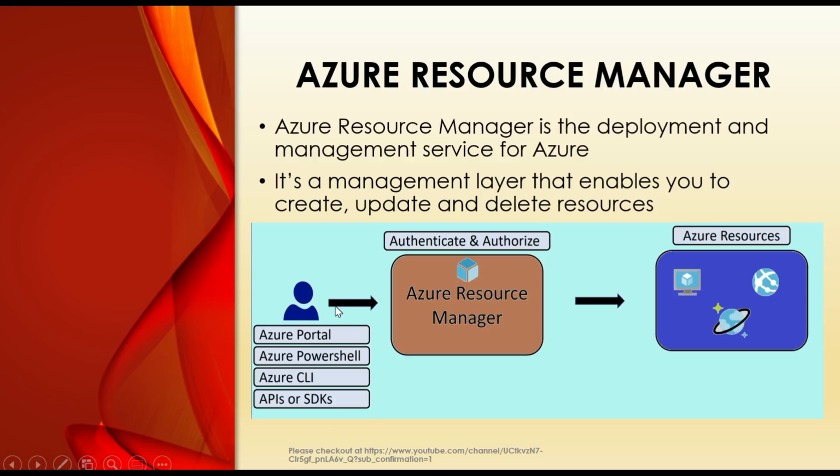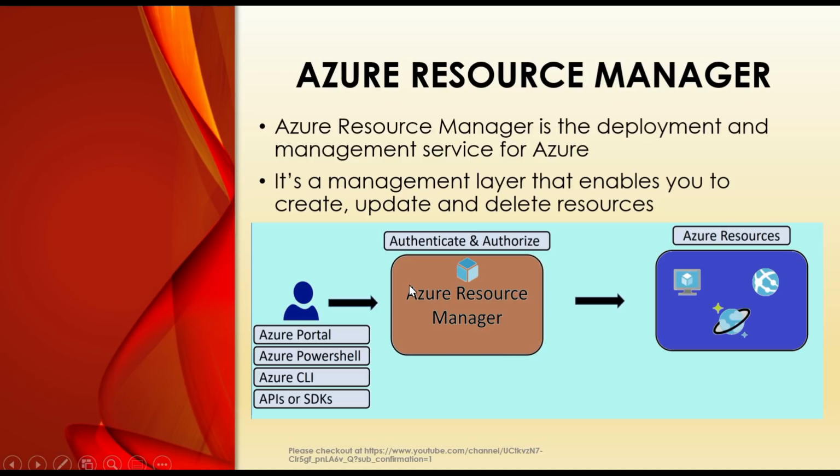These are the options that we can use to trigger the request. Once the request reaches Azure Resource Manager, the first thing it will do is check whether the request is coming from a valid user ID, so that sort of authentication is done at this layer.